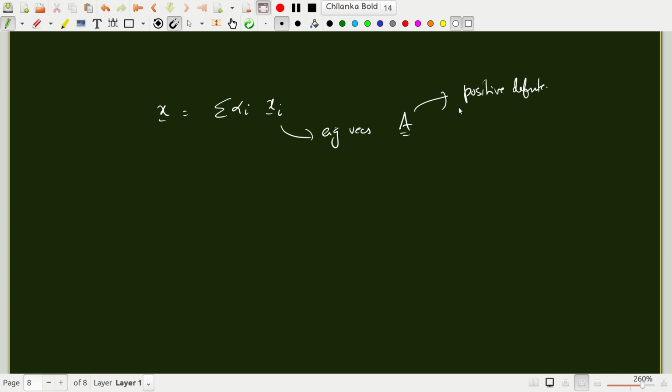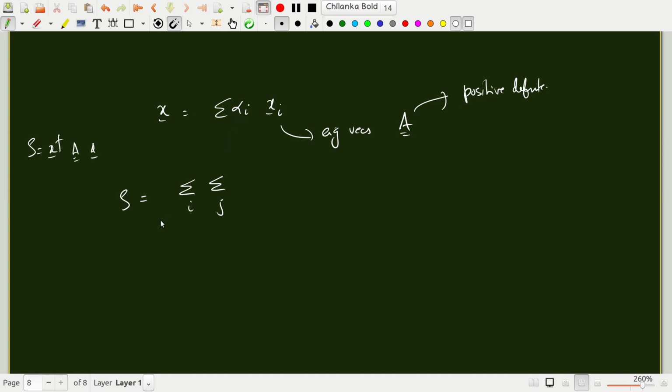Then rho is nothing but the double summation over i and j. Remember rho is nothing but x dagger A x. I'm going to substitute this series expansion for both the x's.